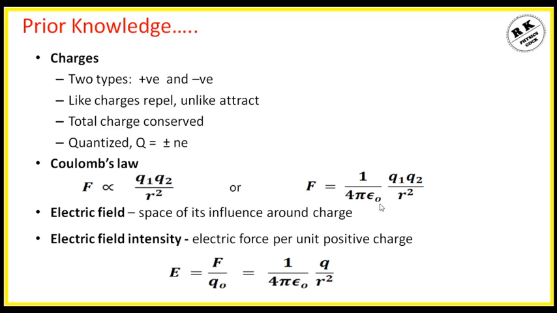If we consider the electric field due to charge Q and observe the field intensity at a distance r from the charge, then the electric field intensity is given by E is equal to 1 by 4 pi epsilon naught Q by r squared. The unit of electric field intensity is Newton per coulomb or volt per meter. Sometimes electric field intensity is also called electric field strength or simply electric field.